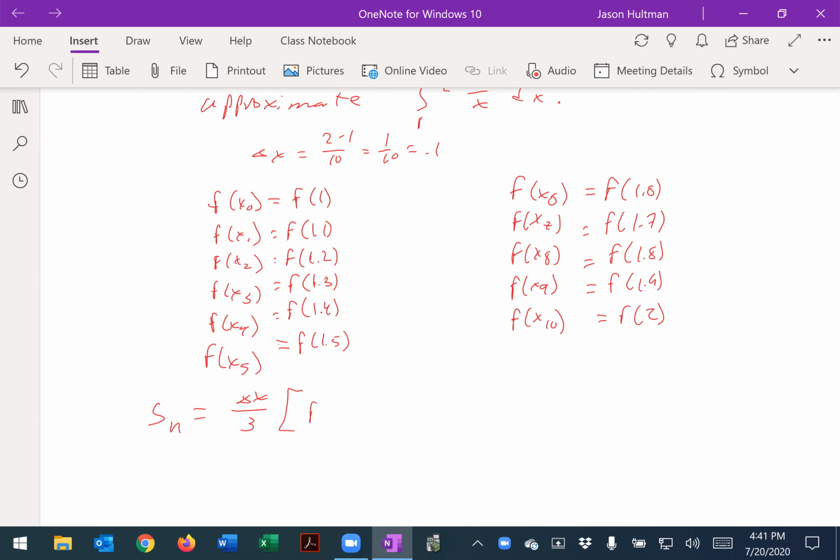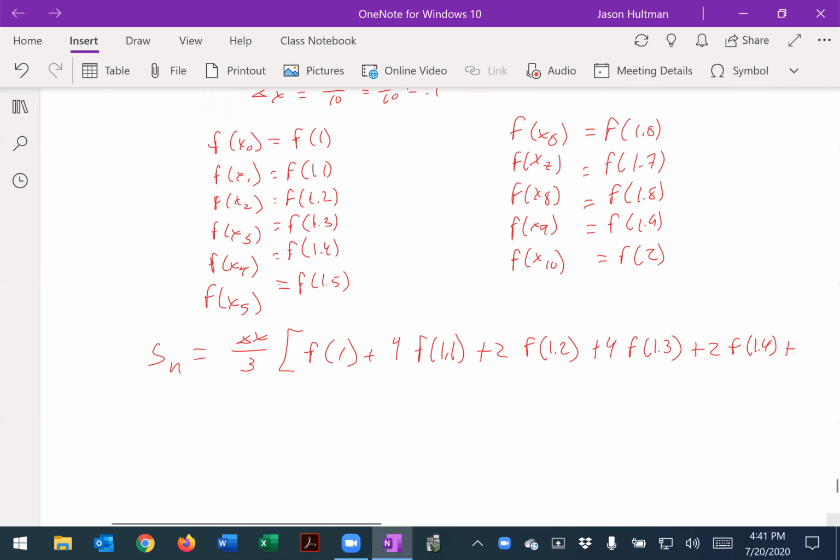what? Times f of 1, plus, and we're going to go to a 4 first, 4 times f of 1.1, then we're going to go to 2, f of 1.2, then we're going to go back to a 4, f of 1.3, oops, forgot my f, then a 2, f of 1.4, then a 4.